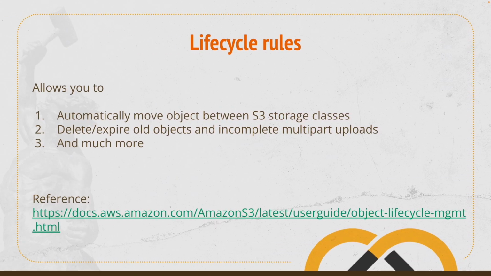Besides this, with lifecycle rules, you can automatically delete old objects on S3 and you can also delete incomplete multi-part uploads. So if you try to upload something to the bucket using multi-part uploads and the upload went wrong, you can configure a lifecycle rule to automatically delete the object parts for you.